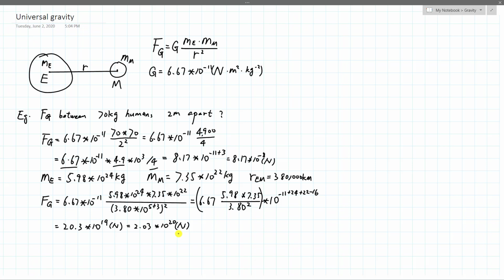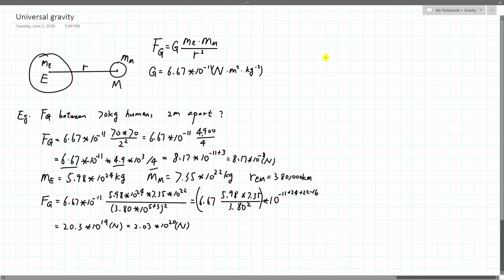So what about we think about something closer to Earth? So let's calculate this. We have some space on the right side, so let's partition our page. So think about this. Here we are, this is Earth, and we're standing on its surface.